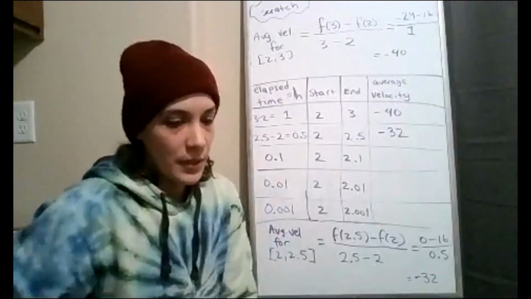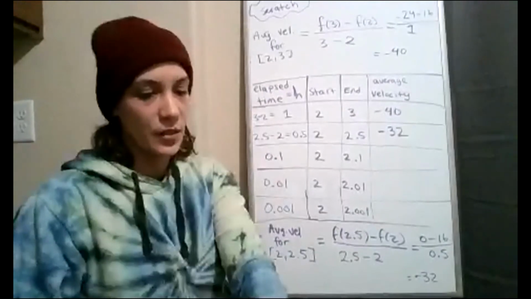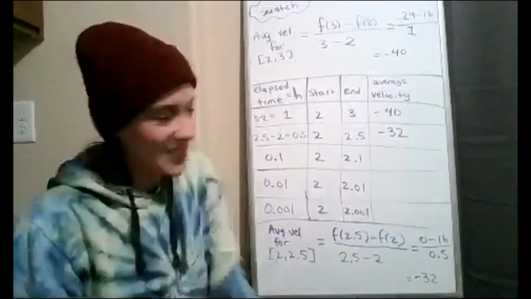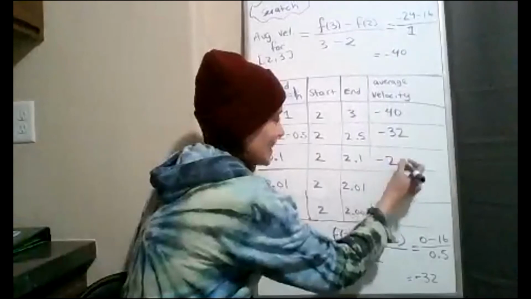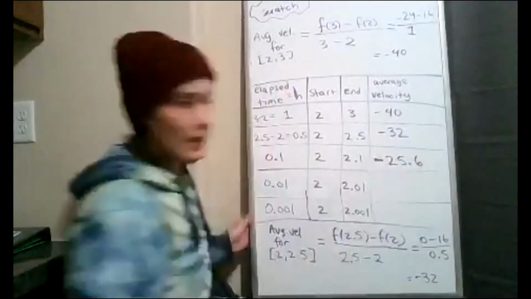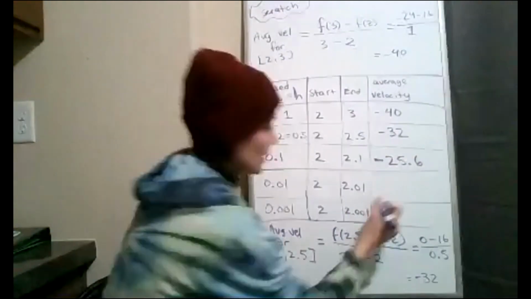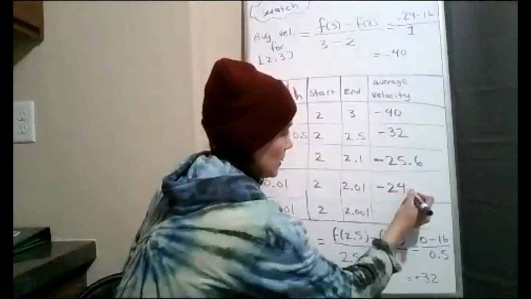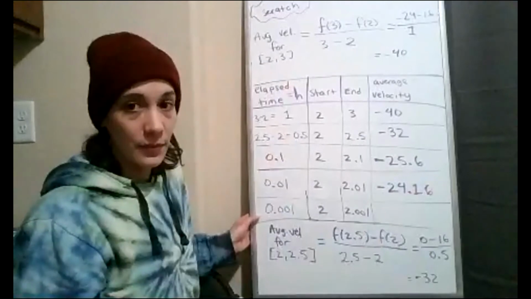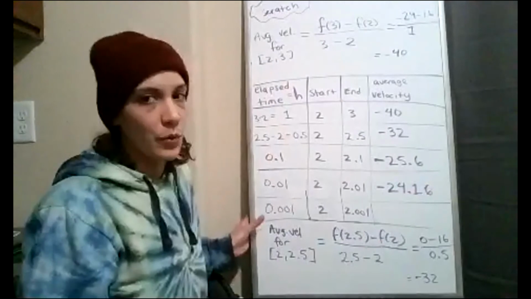Okay, so I'm just going to jump into the answers for the rest of them. The next interval had an average velocity of negative 25.6. And then I got negative 24.16. And the last one is negative 24.016.